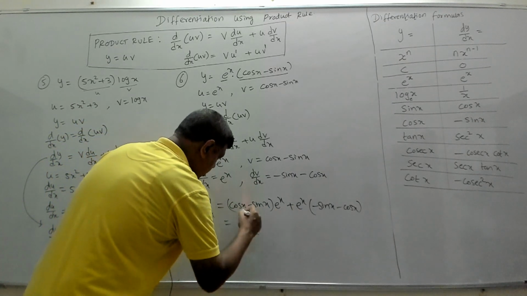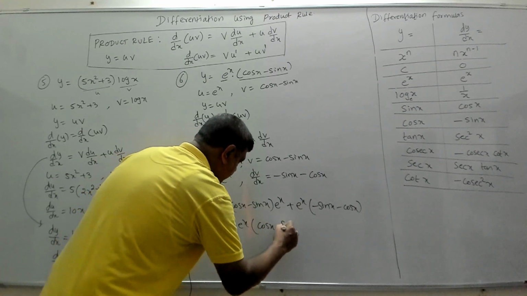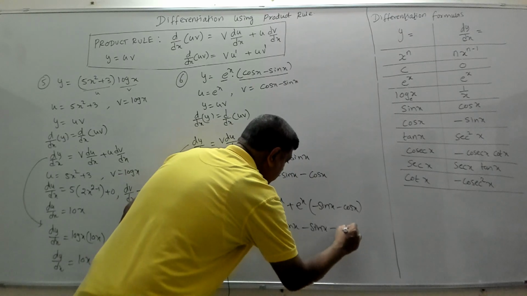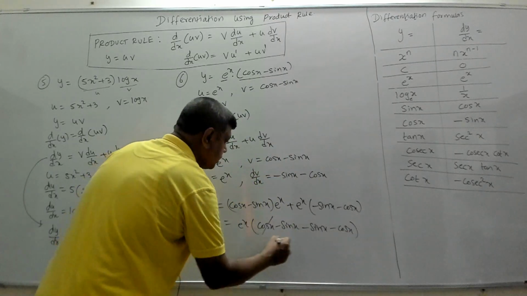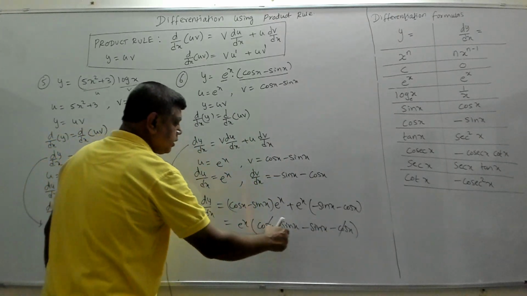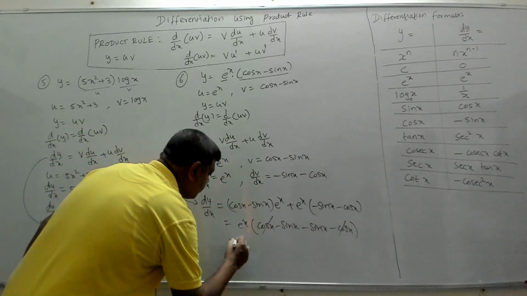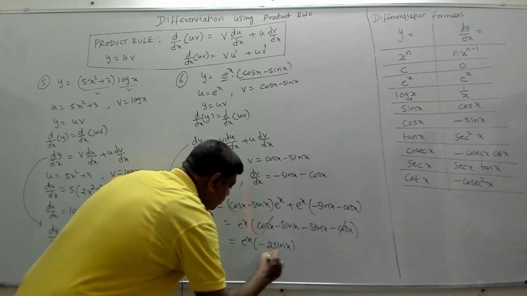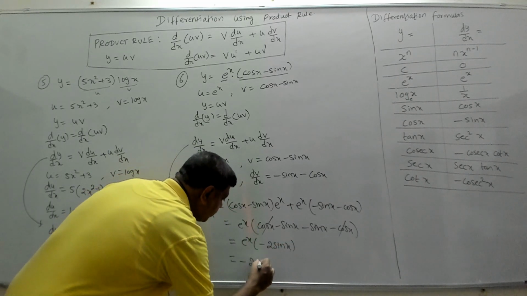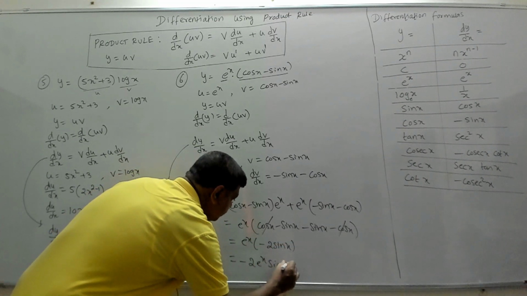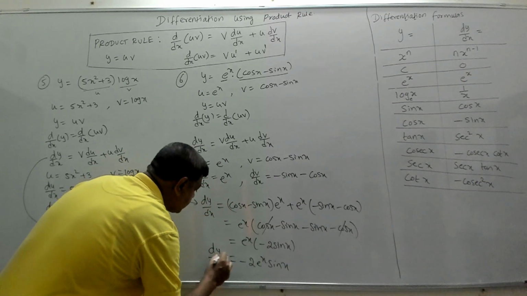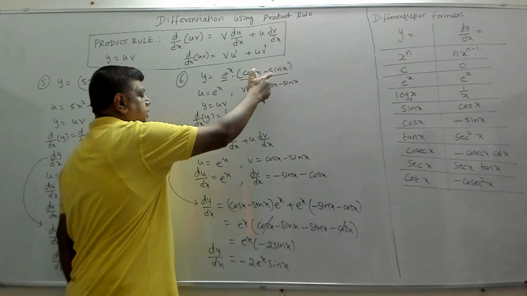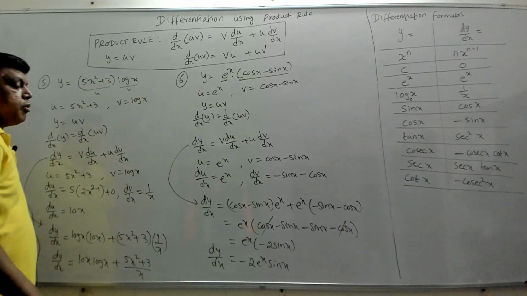If you take e power x common, you get cos x minus sin x plus minus sin x minus cos x. So cos x minus cos x will get cancelled. Minus sin x minus sin x is minus 2 sin x. So you'll get e power x into minus 2 sin x, that is minus 2 e power x sin x. That is your dy by dx. So the derivative of e power x into cos x minus sin x is minus 2 e power x sin x.